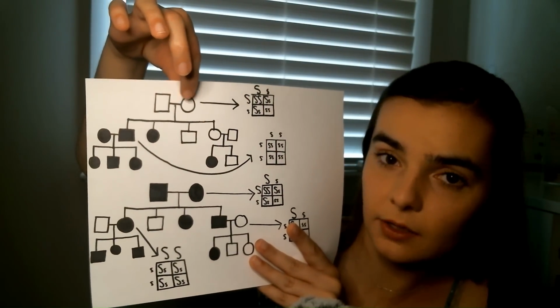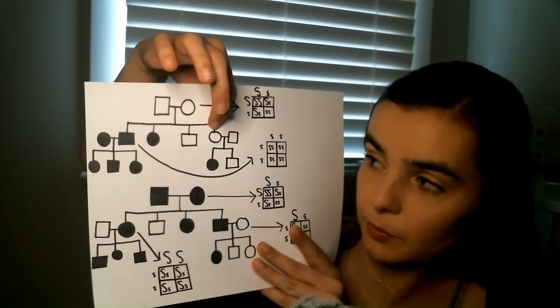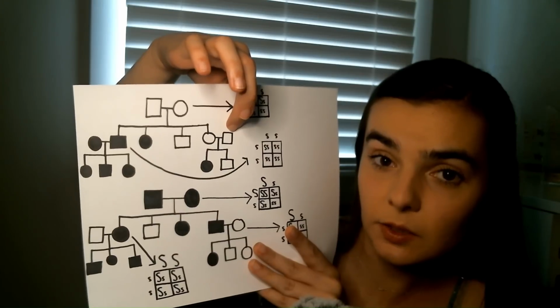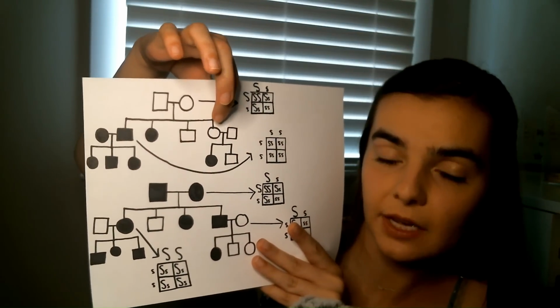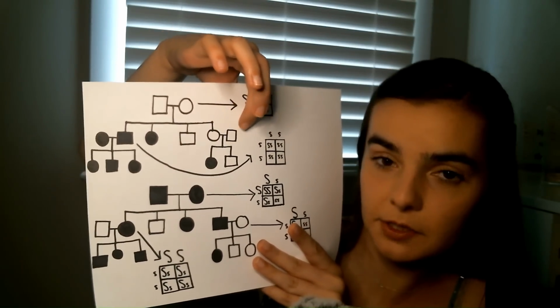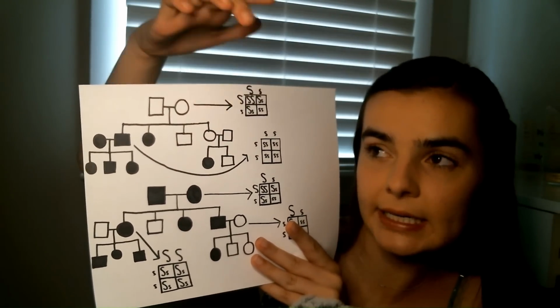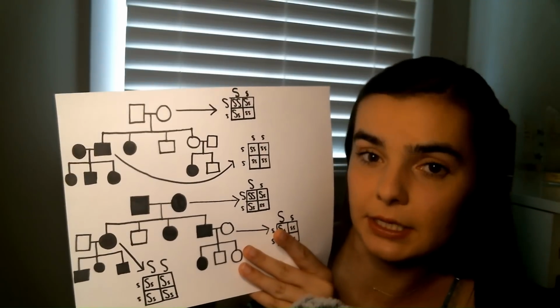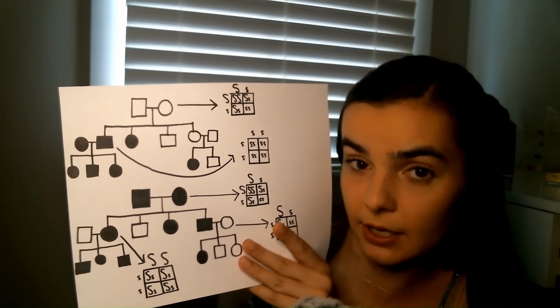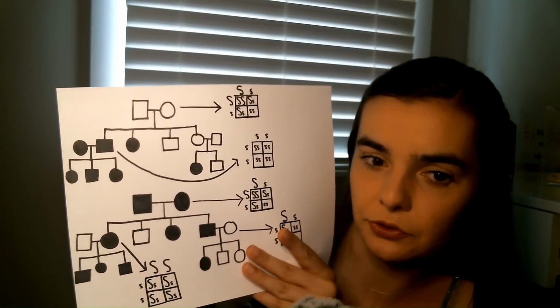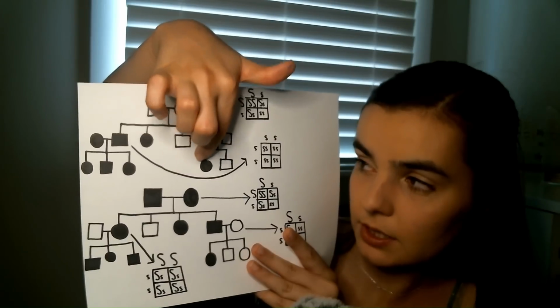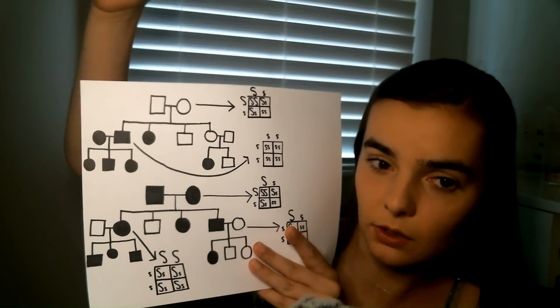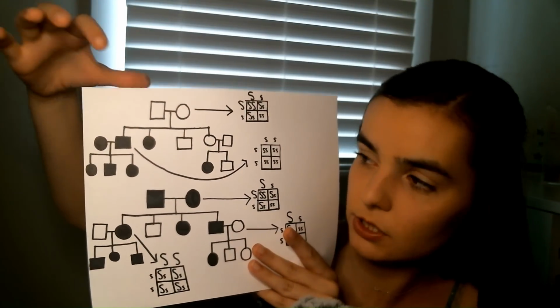She must have gotten one sickle cell gene from one of her parents, and her husband must also be a carrier. If someone's a carrier and their spouse is not a carrier, they can't have a child with the disease. They can have children that are carriers, but not children with the disease. So because they had one with the disease, we know these must also both be carriers.